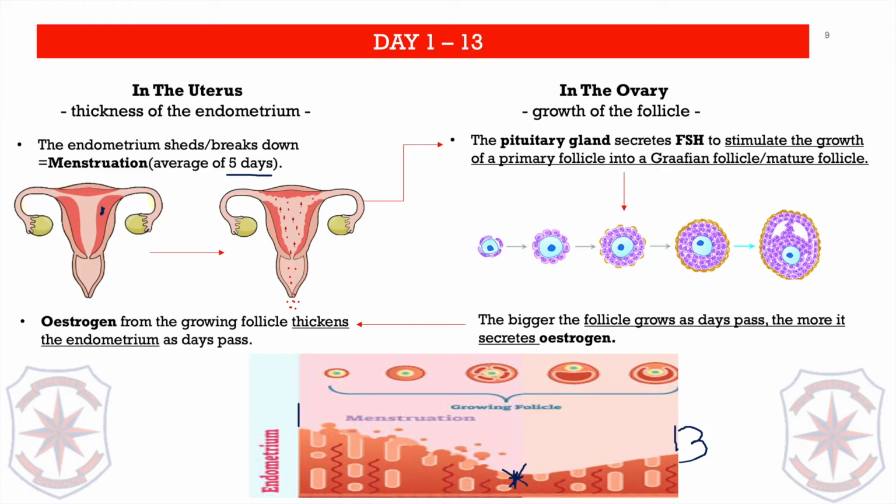So we've lost the thickness of the endometrium, and pregnancy, or implantation, cannot occur in such a state. Okay, now the pituitary gland will start secreting FSH. And then what does FSH do?